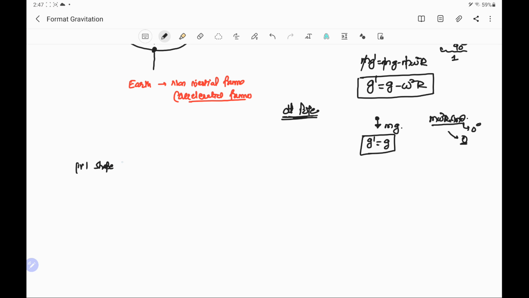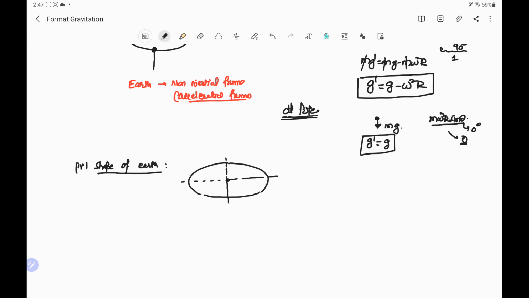The shape of the Earth also has an influence on the acceleration due to gravity. Actually, Earth is not spherical, it is elliptical. It means the radius is larger at the equator than at the poles.